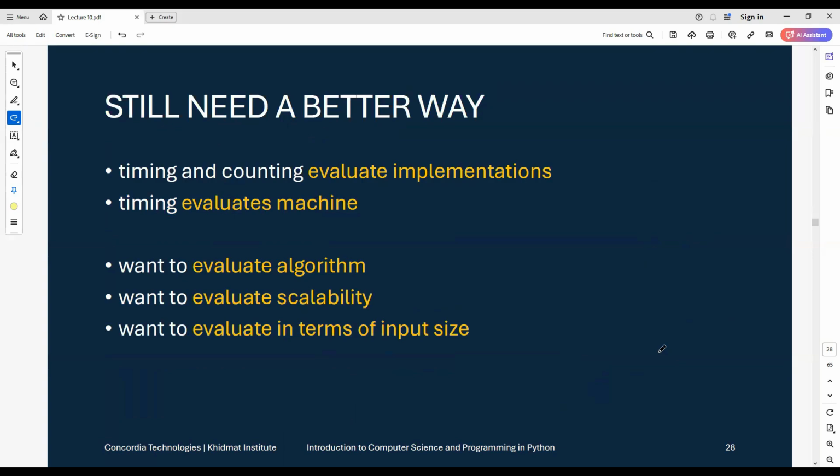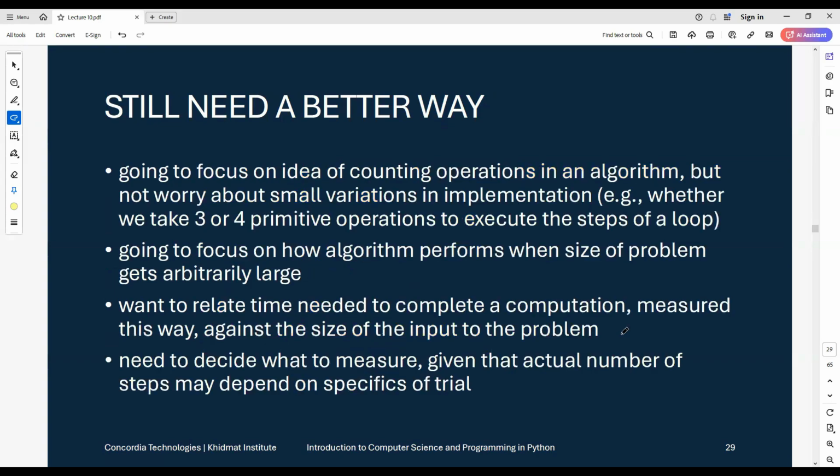We want to evaluate the scalability of the algorithm, so that if the input becomes abnormally large, we can see whether our representation of that complexity in terms of that equation still holds or not. And this kind of representation is dependent on the nature and the size of the input that we provide to that algorithm, and that's what we will study today.